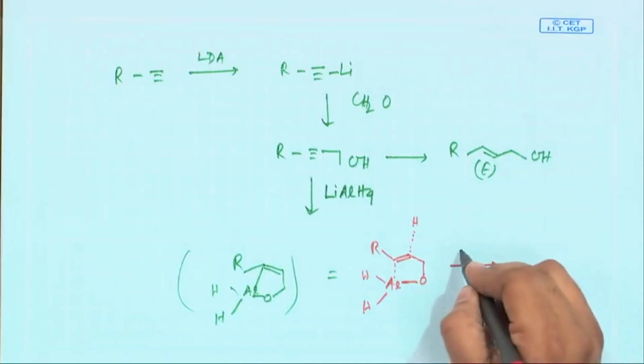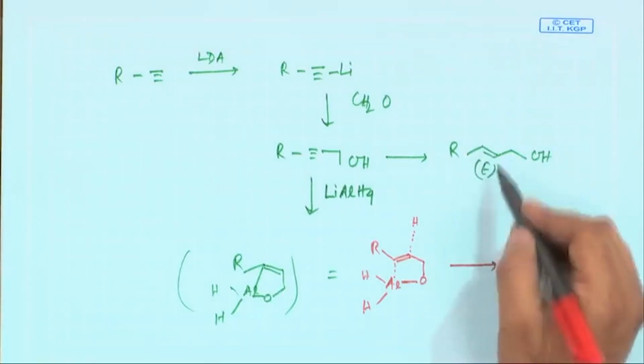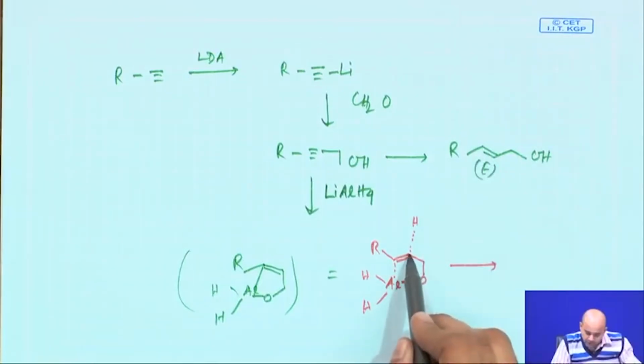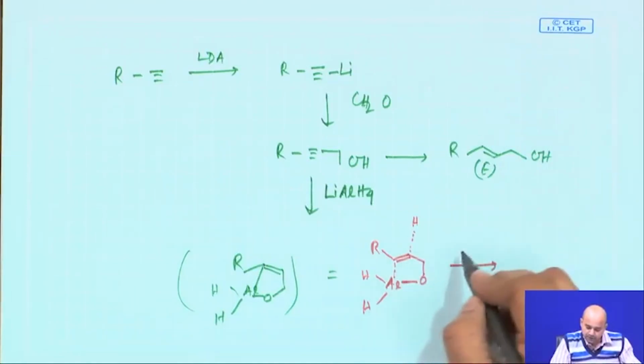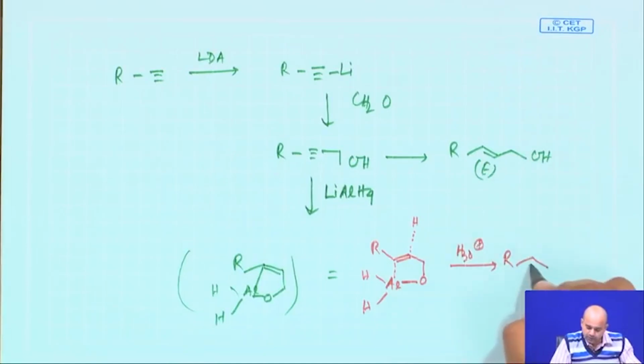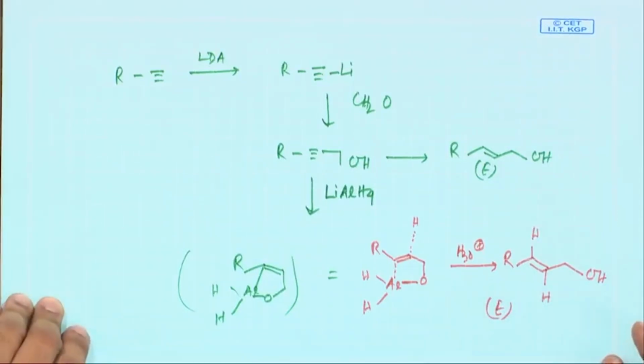You can use simple water, because you need two hydrogens. This hydrogen is already here, and this carbon-aluminum bond and this hydrogen are trans to each other. Now this bond cleavage will take place. If you do an aqueous workup, you end up with this allylic alcohol where these hydrogens are E, or trans to each other.